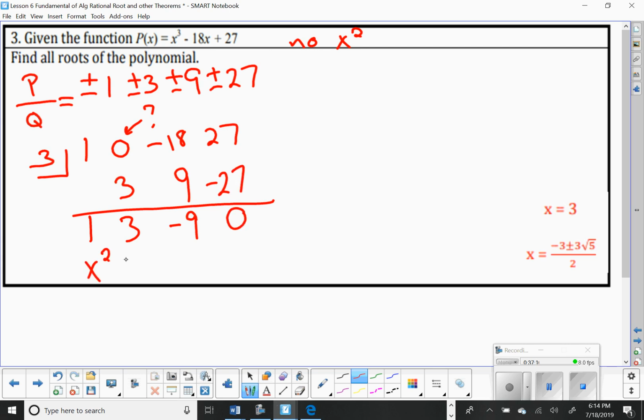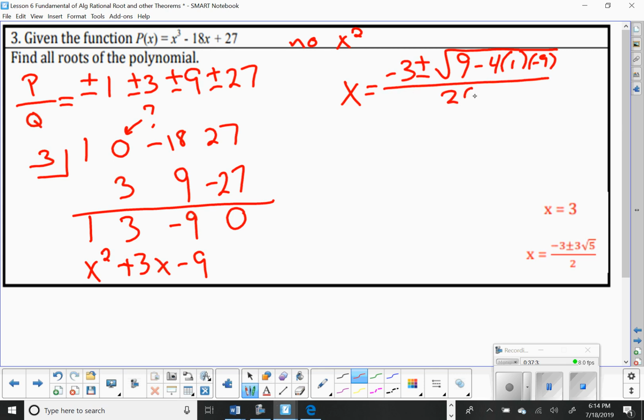This gives me x squared plus 3x minus 9. There are no factors of -9 that add to 3. So therefore, x is equal to -b plus or minus the square root of b squared minus 4 times a times c all over 2 times a.